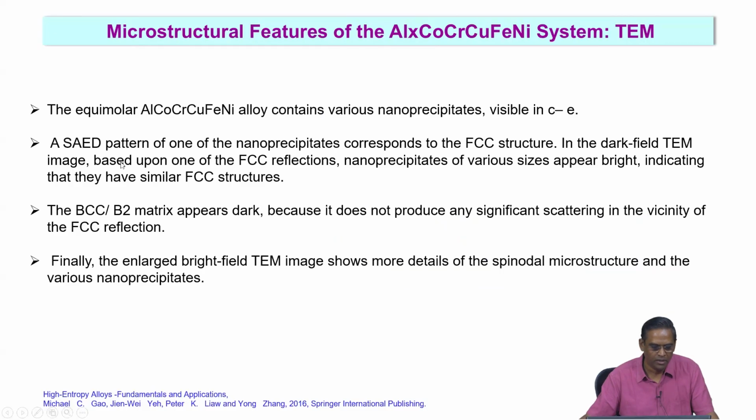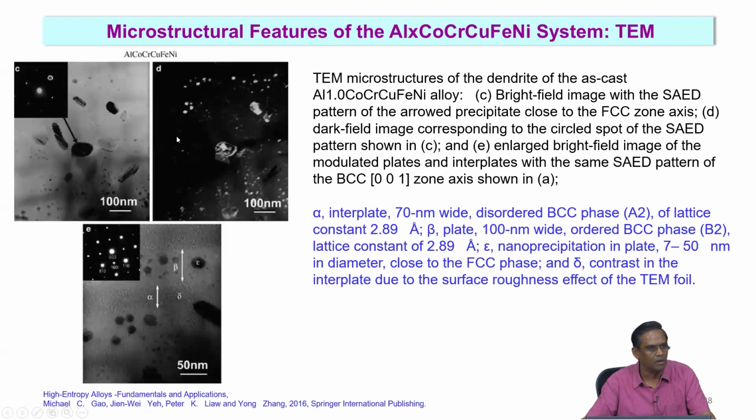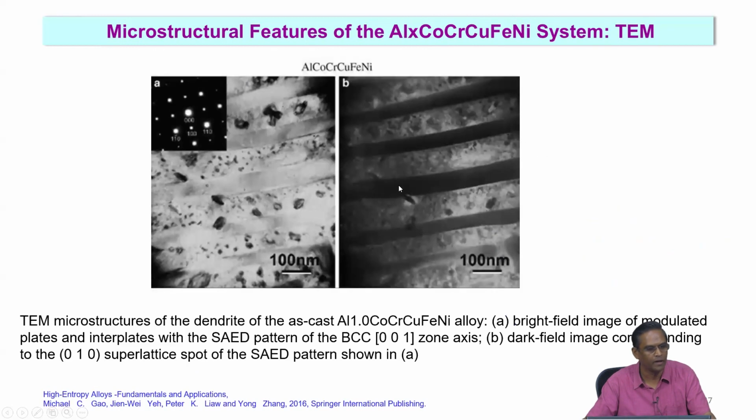And in the dark field, based on one of the FCC reflections, nanoprecipitates of various sizes appear bright, indicating that they are similar FCC structures. Okay. And then you have a BCC, which is a B2 matrix, that appears dark because it does not produce any significant scattering in the vicinity of the FCC reflection. So you should know why this appears dark here as well as here, right?